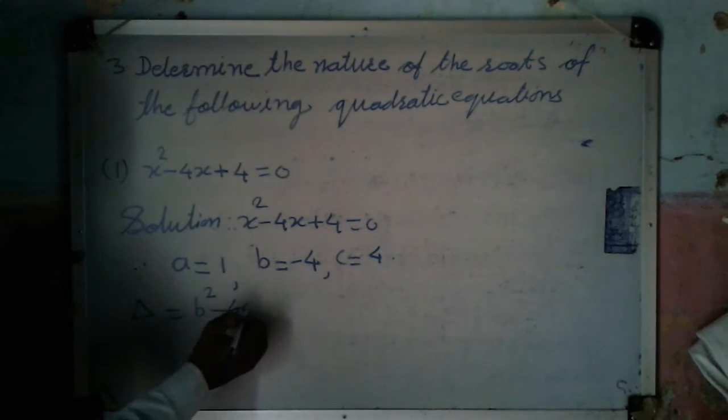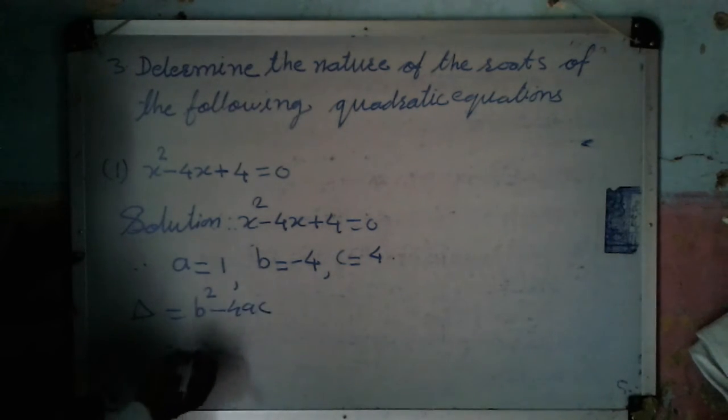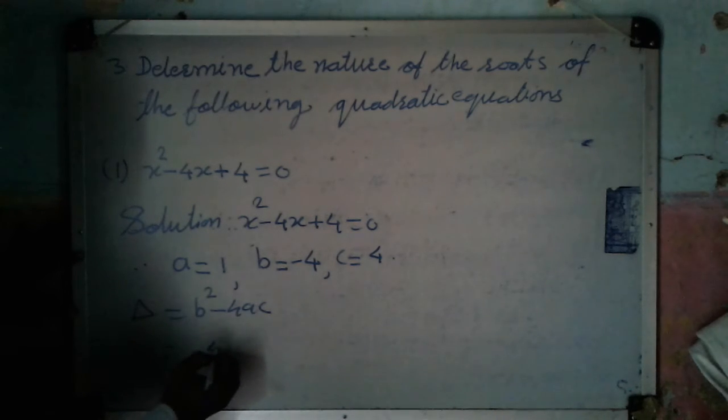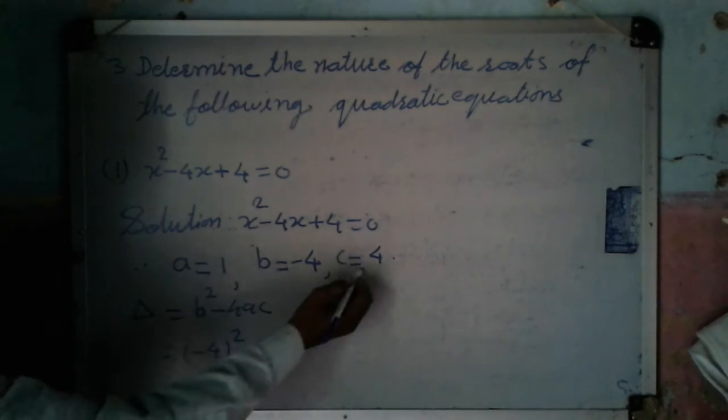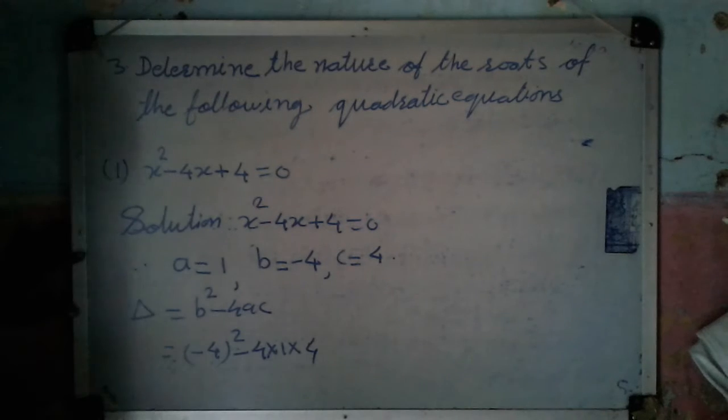b square minus 4ac. Put the values here: minus 4 square minus 4 into 1 into 4.